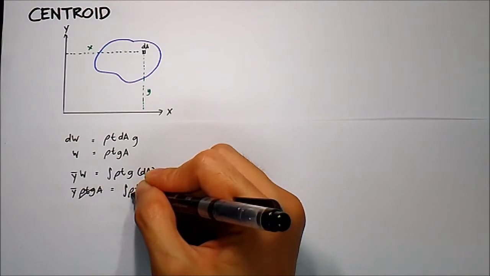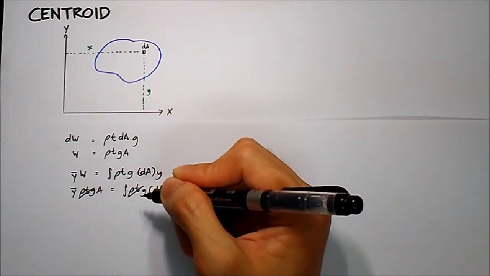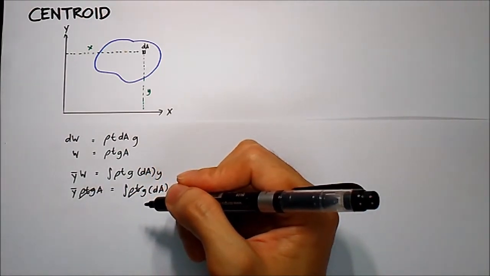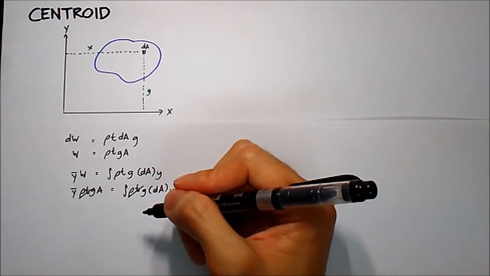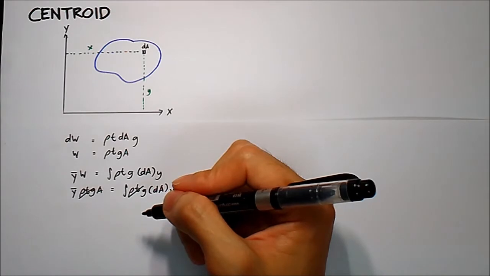So we can cancel this constant. Since the density and thickness are constant, they can be taken outside the integral sign.